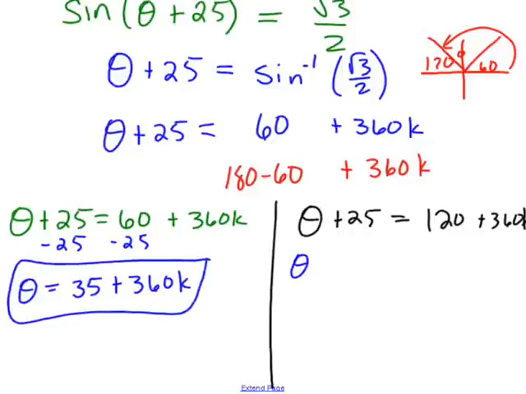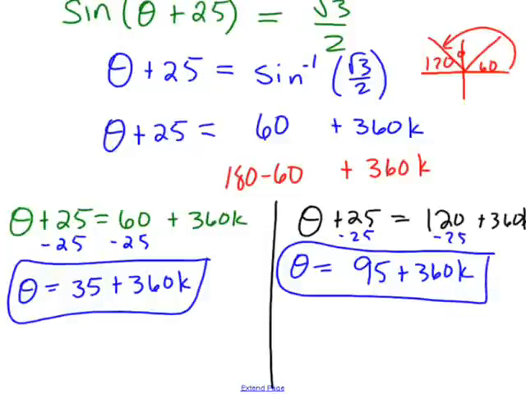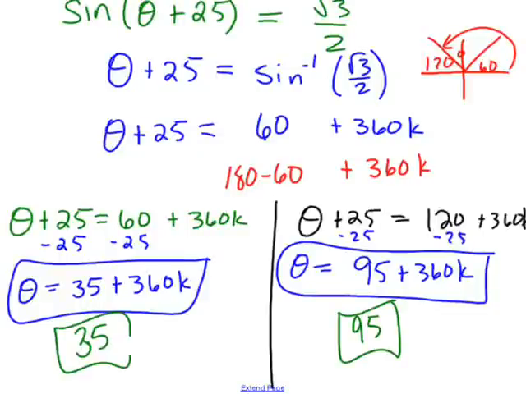And over here, we subtract the 25, and we are left with 95 plus 360k. General solution. If they want particulars, my guess is they want them from 0 to 360, so there is 35 for an answer here and 95 for an answer here. If you add 360 to either one of those numbers, they're clearly going to be over 360.